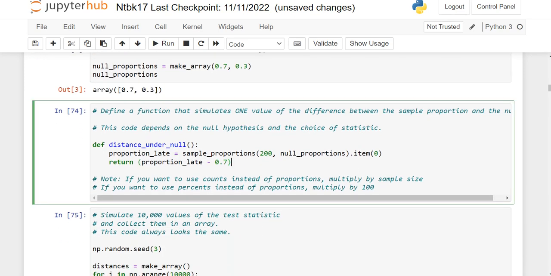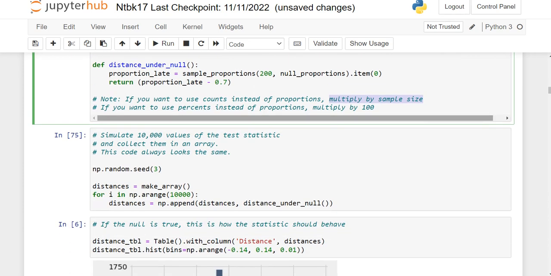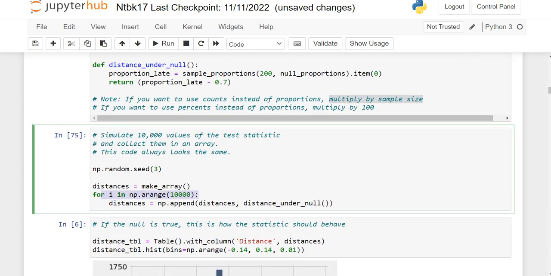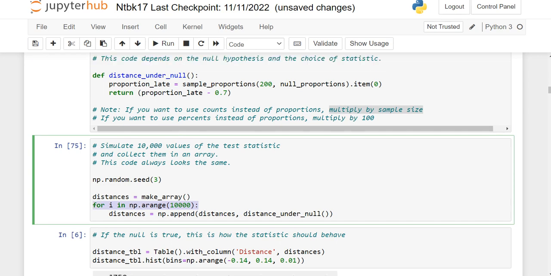Okay, and then we create this function, distance under null, which tells us how far our simulated proportion is from 70%. And there's an example down here to say how to transform these from proportions into percents or counts. Okay, and then we're running this for loop 1,000 times, and we're seeing what happens.